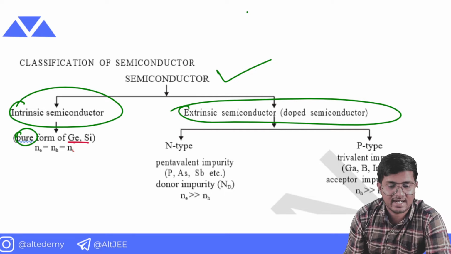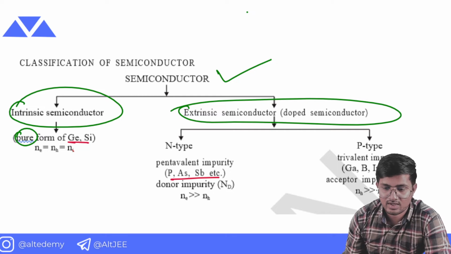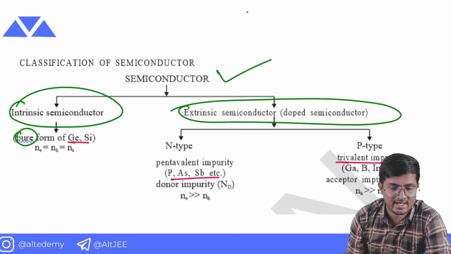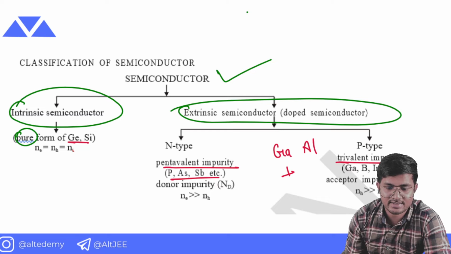In n-type we have phosphorus, arsenic, etc. All right. And in p-type we have trivalent impurity, and in n-type we have pentavalent impurity. The pentavalent impurity is this, and the trivalent is gallium, aluminium, indium, etc.